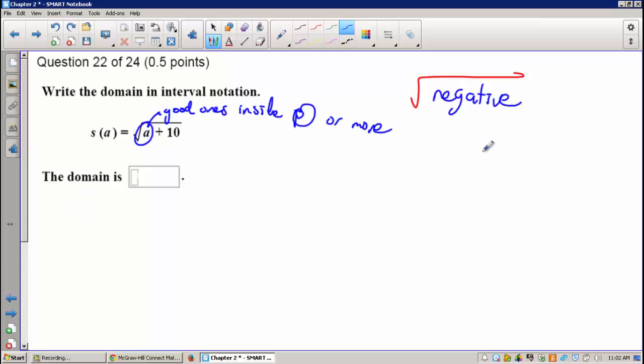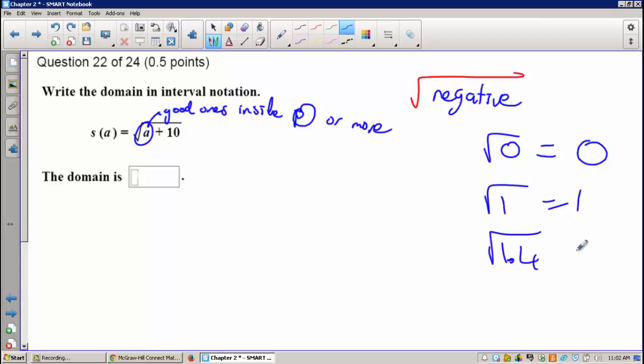If the inside is 0, can you compute the square root of 0? Yeah, square root of 0 is 0. How about square root of 1? 1. How about square root of 1.4? I don't know, but you can compute it, okay? Every positive number is good.